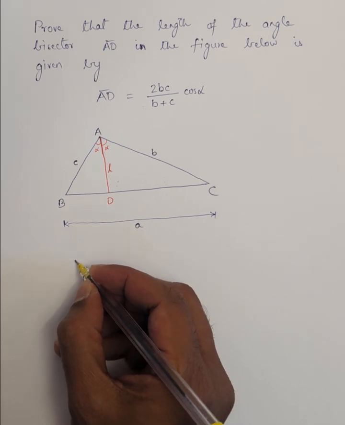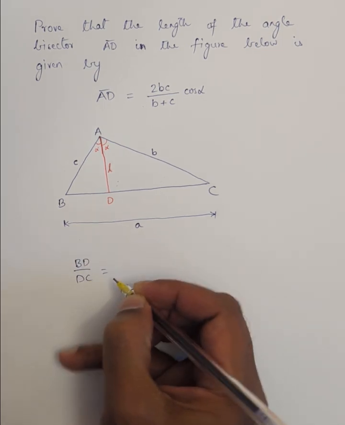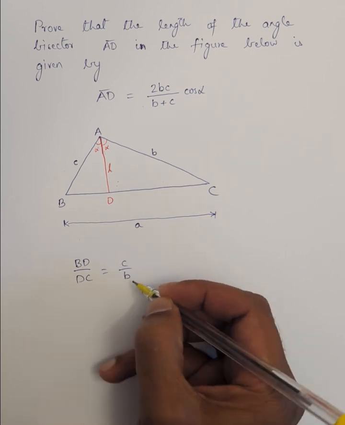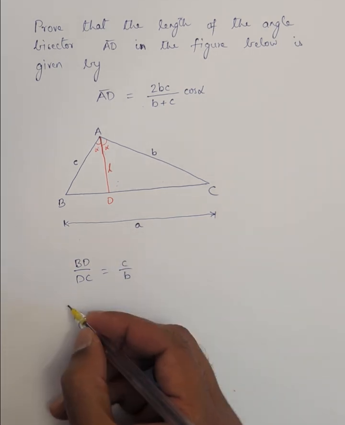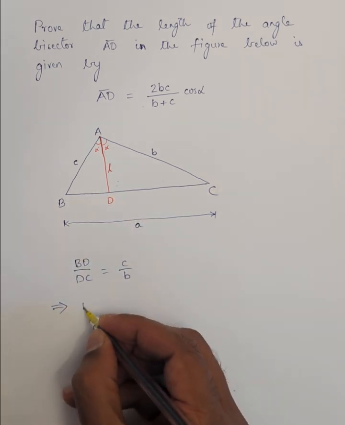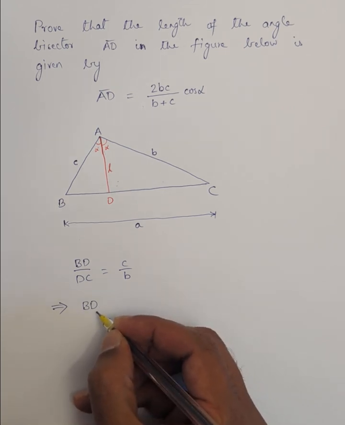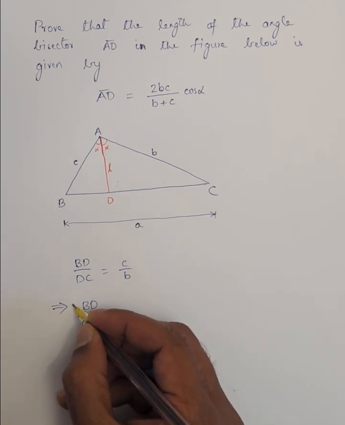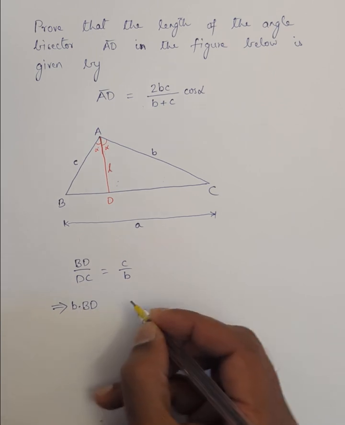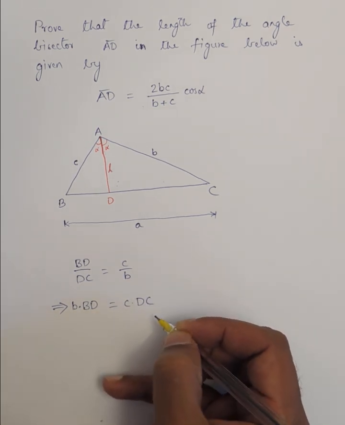Write down BD to DC is given by C over B, which means we want to find BD. Let's go ahead and cross multiply first. B times BD equals C times DC.